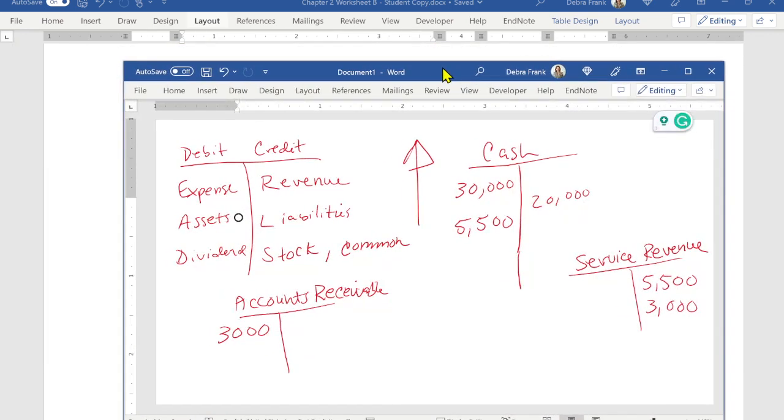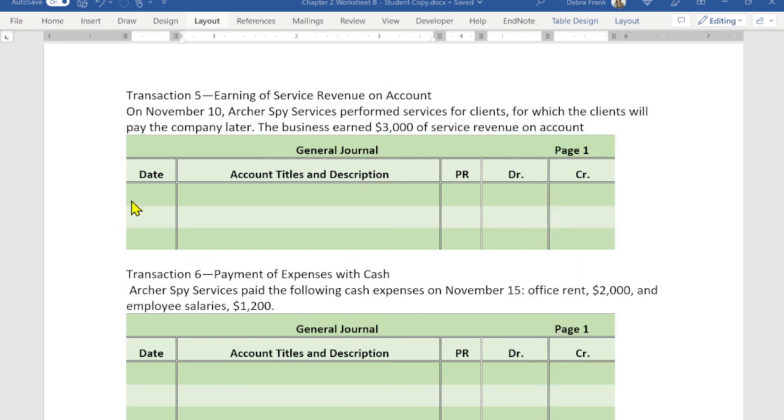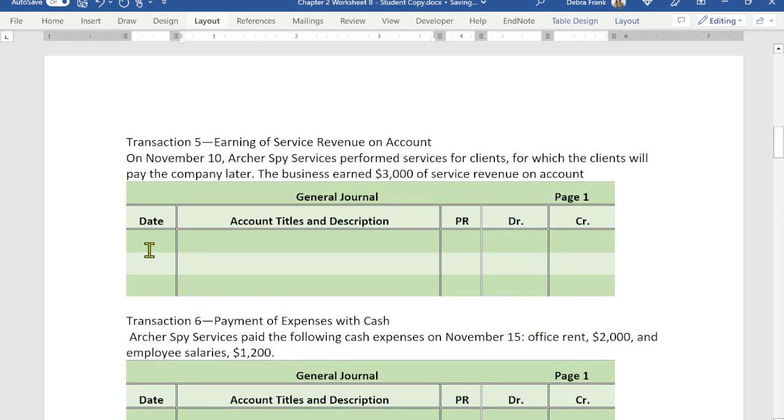So we're going to record our debit for accounts receivable and our credit for service revenue. So let's go ahead and do that. We have November 10th.